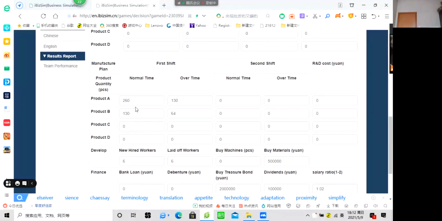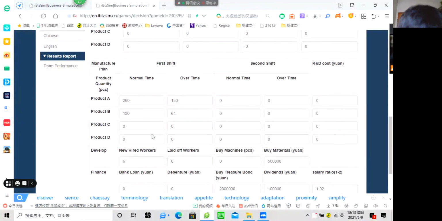So for product A, in quarter 8, 390 products A are produced. How about our product B? Product B, 130 plus 364, so that means 194 product B are produced.